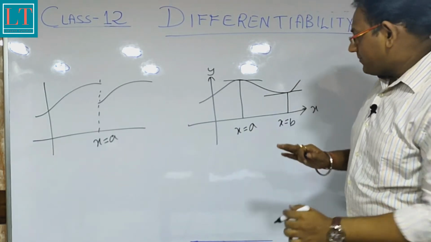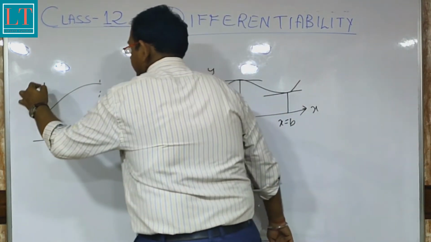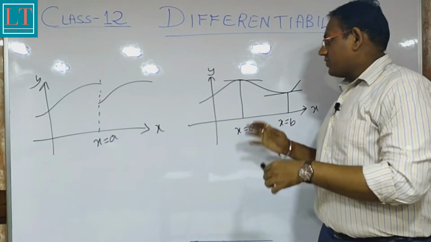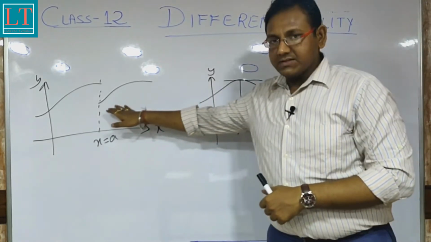I am basically comparing two different curves, where this one is your x-axis and this one is your y-axis. Here we see that this is a continuous curve and that is a discontinuous curve.